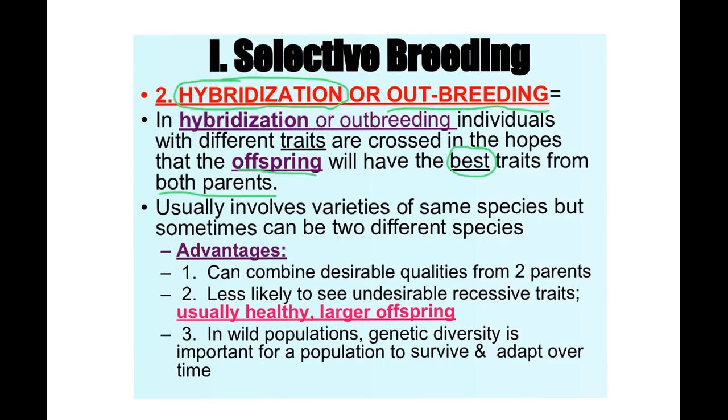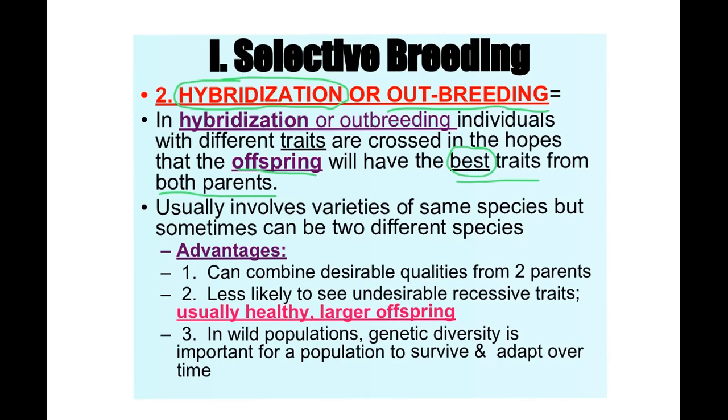Now you're trying to get the good things from both parent organisms, so you want the good tasting strawberries from your strawberry plant, but you want the trait of being able to live in cold temperatures in the snow in the offspring. So you want both, good tasting strawberries and being able to survive cold temperatures. That would be an example of hybridization or outbreeding.